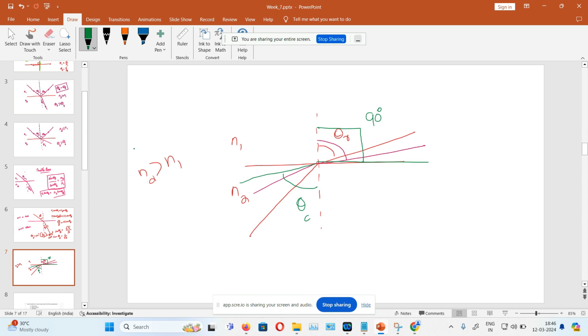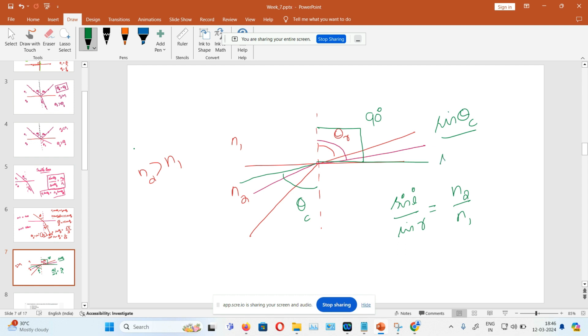So just see what the relation is between the critical angle and the refractive index. We know that sine I by sine R will be N2 by N1. Now see, the angle of incidence is the critical angle, sine theta c by sine R. The angle of refraction is 90 degrees.